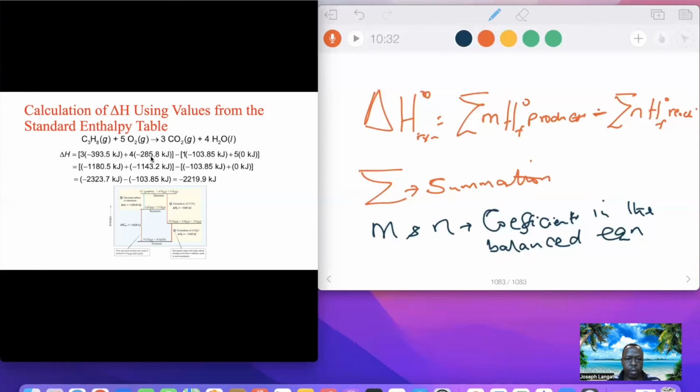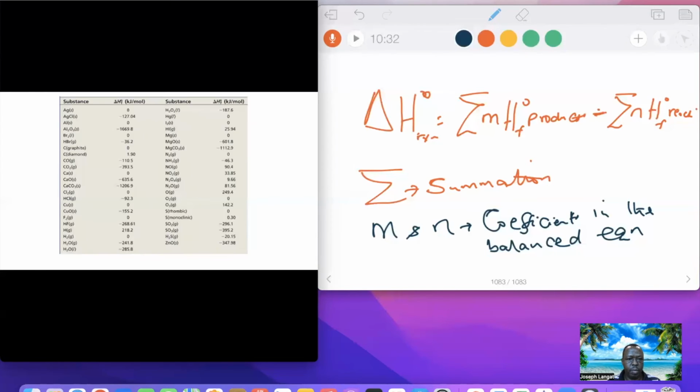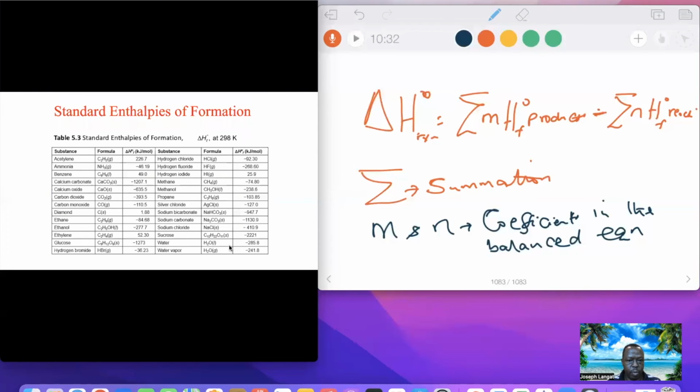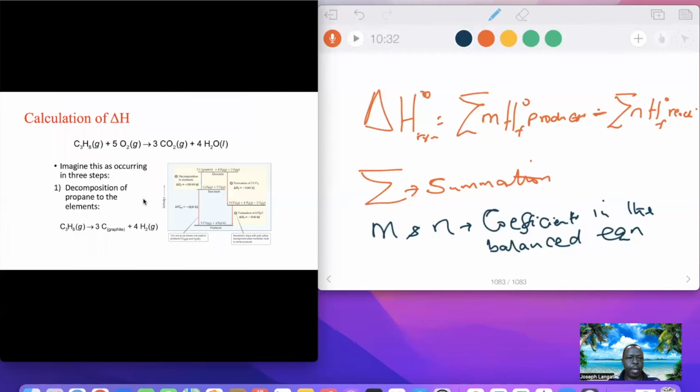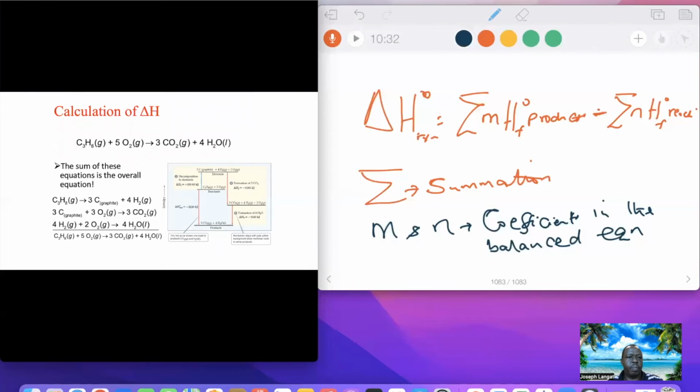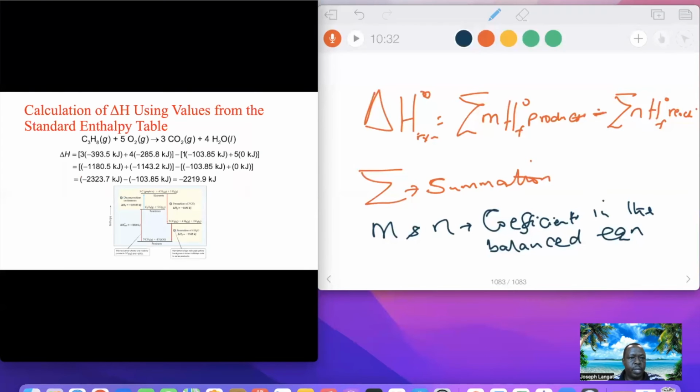If I'm given this, you look at liquid H2O, which is 285.8, and carbon dioxide, which is 393.5. We multiply by 3, the coefficient in the balanced equation. So we look at each product minus reactant.